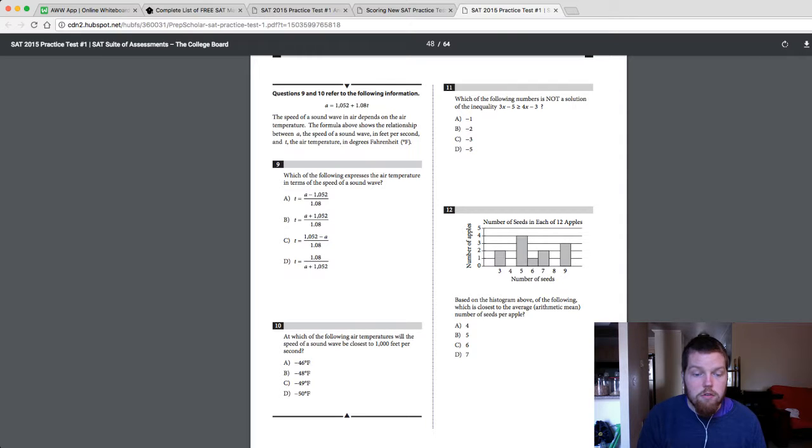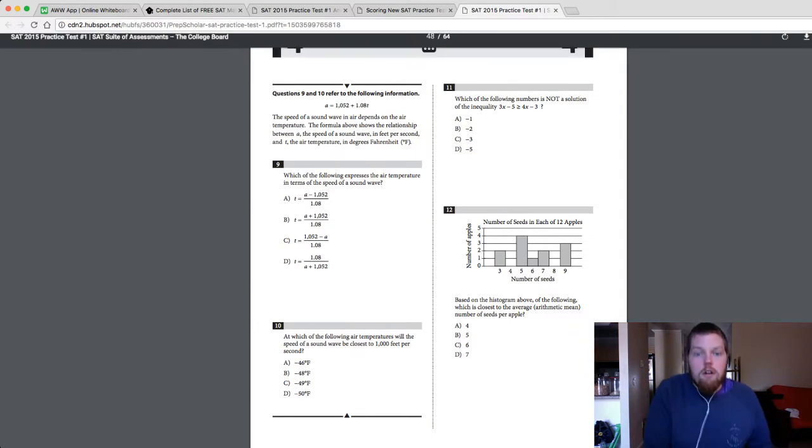And so you'd have the best chance of getting this one right. If you did that, it would just take you more time to do it that way. So if you were confident that you answered number 9 correctly, then that would be the fastest way to get the answer for number 10, is to use this equation.